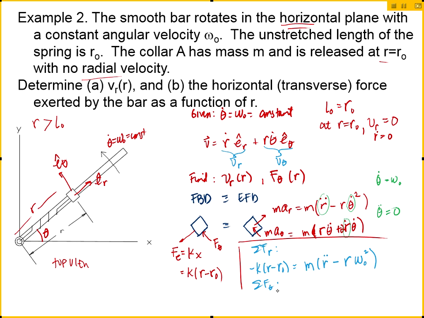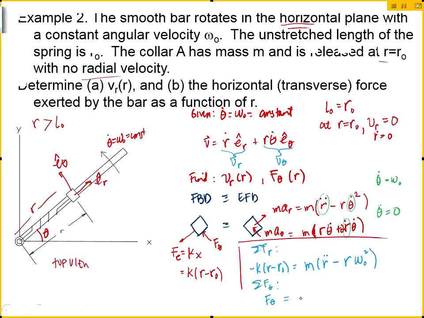Okay. And my second equation, if I sum forces in the transverse direction, would give me what? F theta. That's the only force in the transverse direction. What would be my, oops, what just happened? M times what? R times theta double dot, which is 0. So I'm going to put 0. Yes.